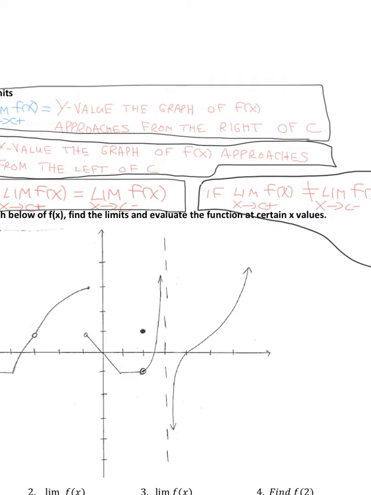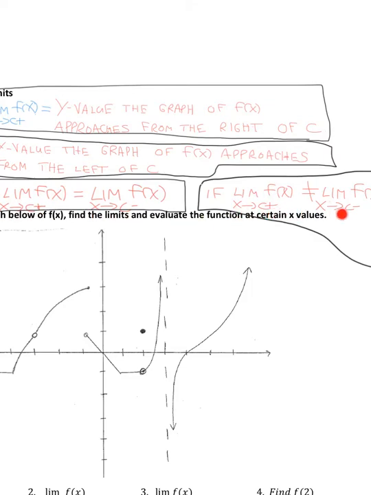Basically, if you find those two limits as you go from the left of a number and then to the right of it, and they converge to the same number, meaning the y value as it approaches from the right and the y value as it approaches from the left are equal, then we can say that the limit at that number, where we don't put a plus or minus, equals whatever that number is.